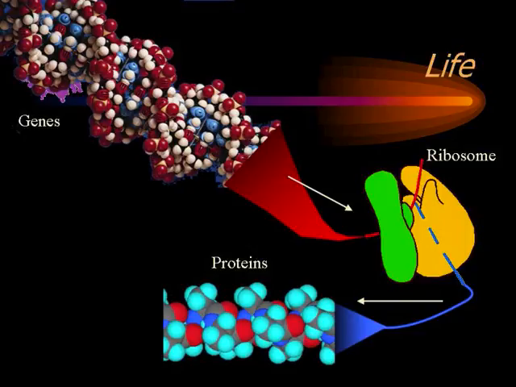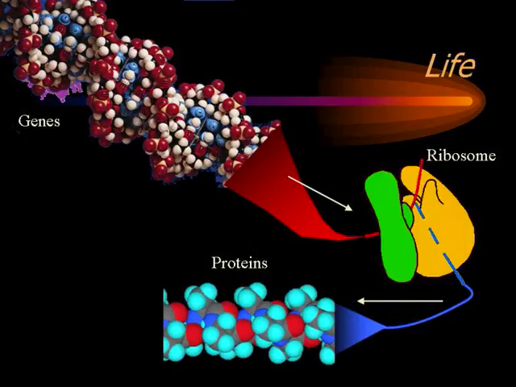And the ribosome takes the instructions that are encoded in these genes, and it uses them to build proteins. So the flow of information is from DNA, which is these genes, through this other form of information called RNA, into this ribosome.